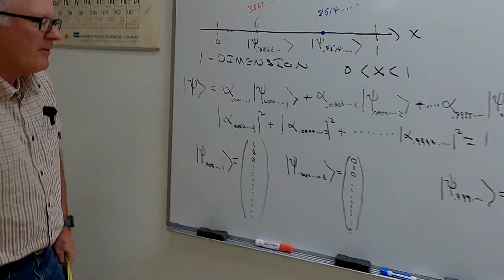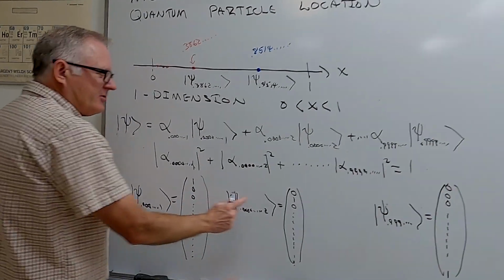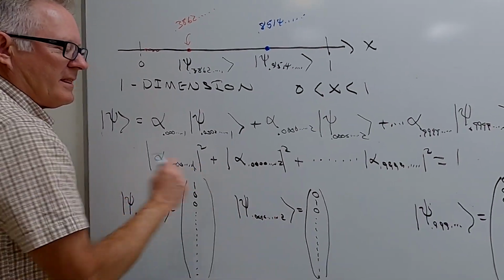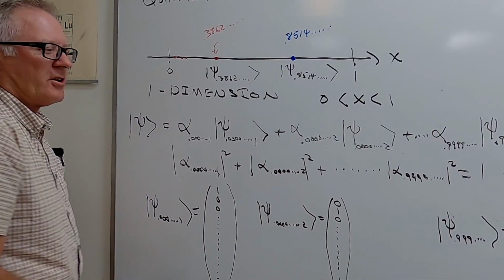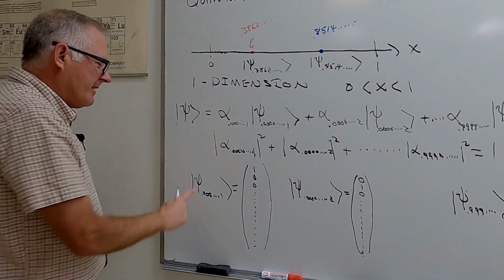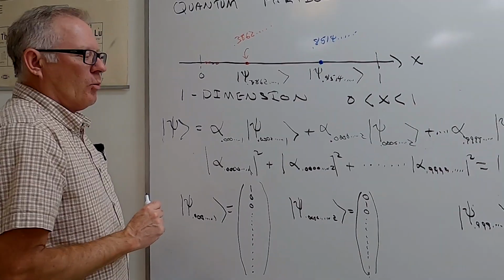And you can see if I dot any of these with another one, you're going to get 0. And if I dotted it with itself, I would get 1.